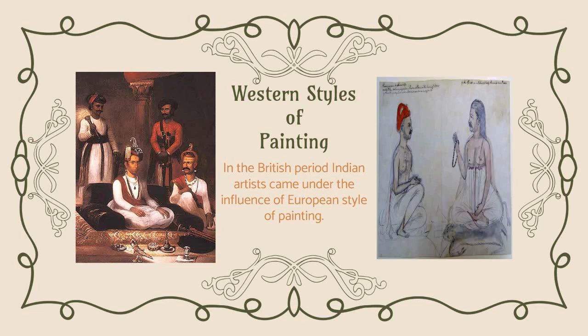A number of renowned artists were trained in the J.J. School of Art and Industry, which was established in 1857 Common Era, offering courses in European style of painting. Pestonji Bomanji, an alumnus of the school, made replicas of Ajanta paintings.